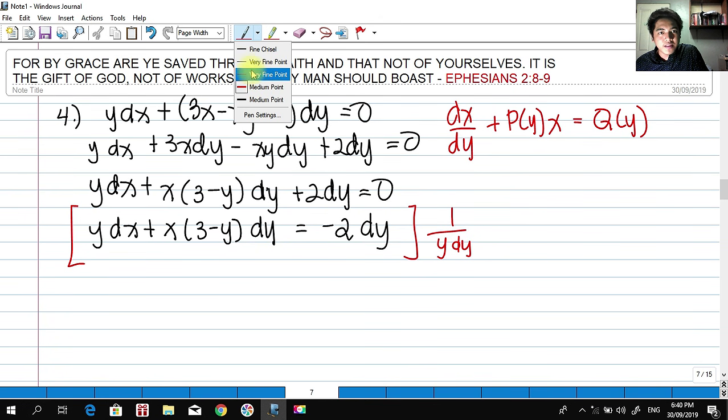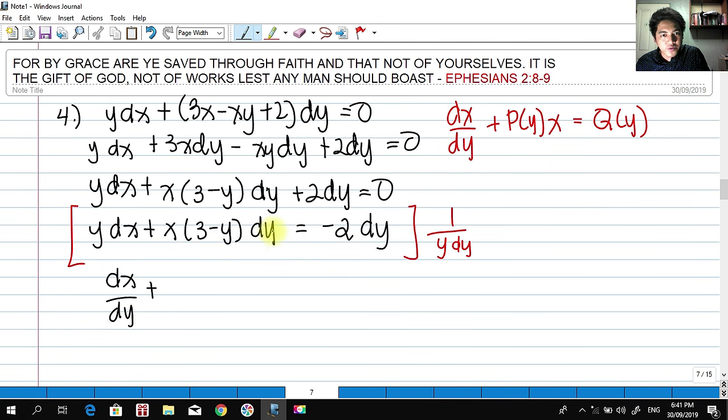So what will happen is that we have dx over dy plus, the dy's will cancel here, x multiplied by (3 minus y) over y is equal to, again the dy's will cancel, negative 2 over y. As you can see here, class, we have transformed this DE into a linear form.